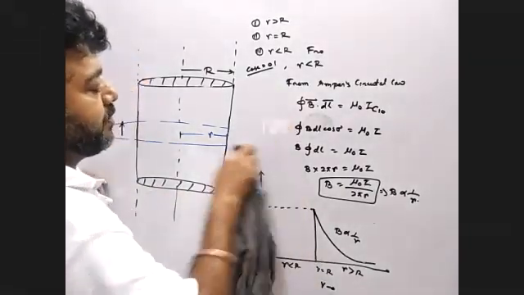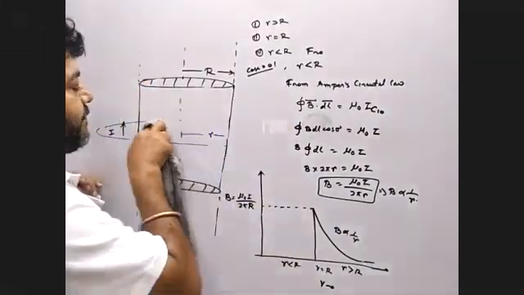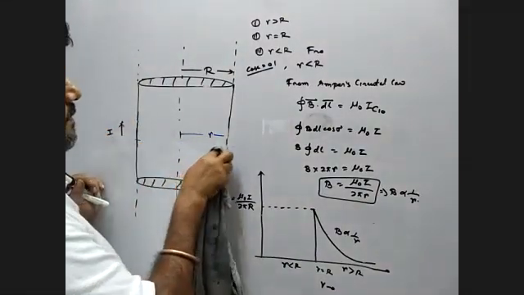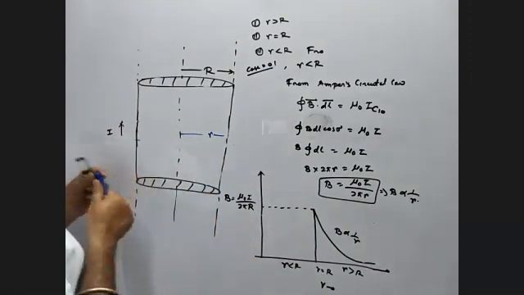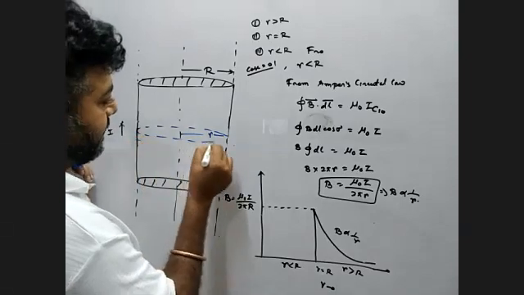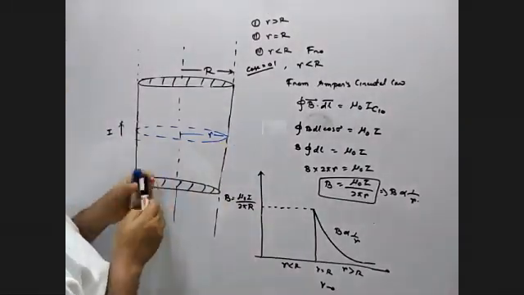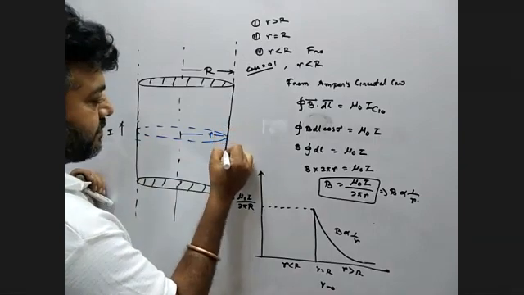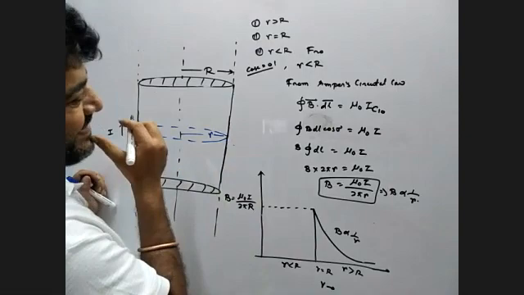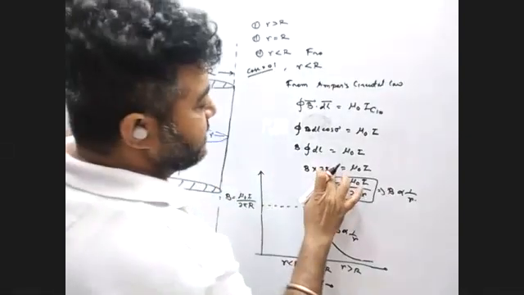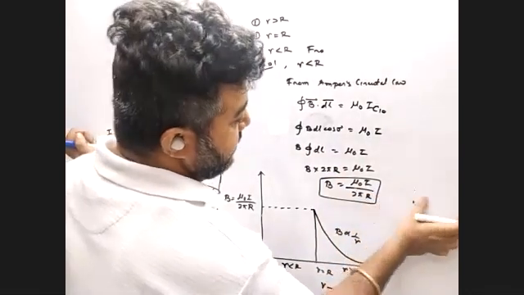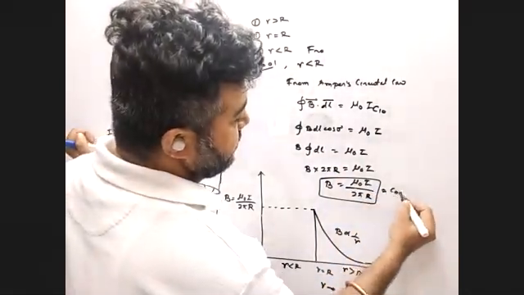So my point P is on the surface, small r equals capital R. Everything is the same, here it is capital R, and that is equal to constant.